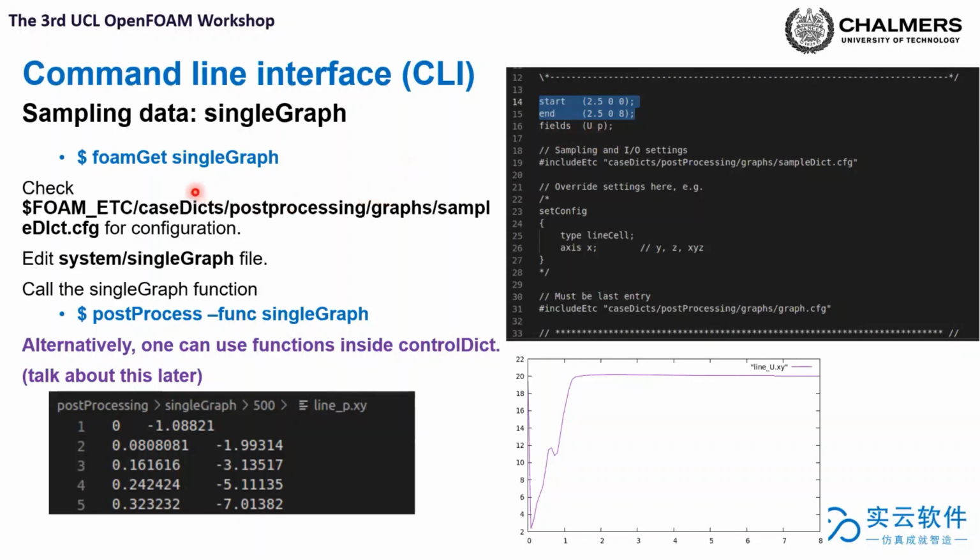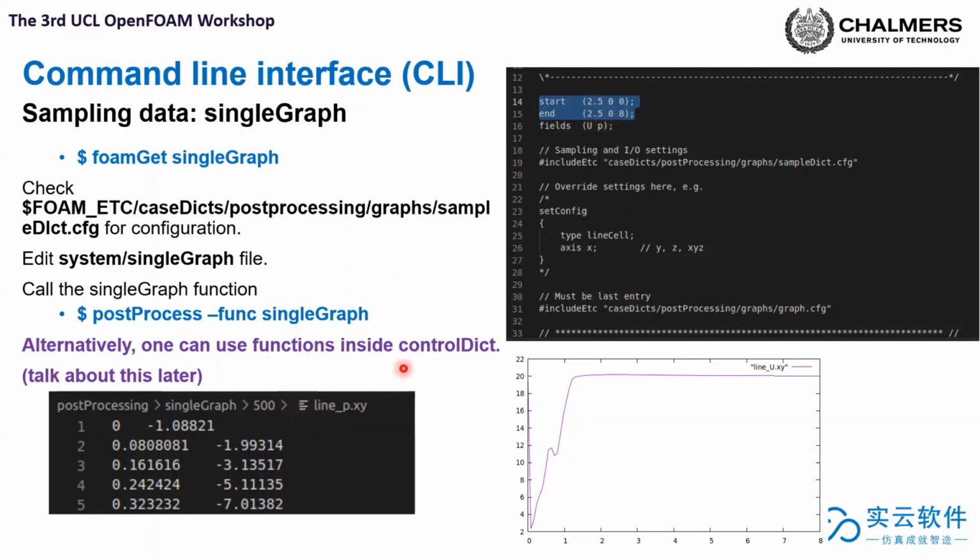To get this one, you use form get again. So use form get single graph and modify it to your needs, and then execute it with post-process funct single graph. In this case, I put a line starting with 2.500 and ending with 2.508.